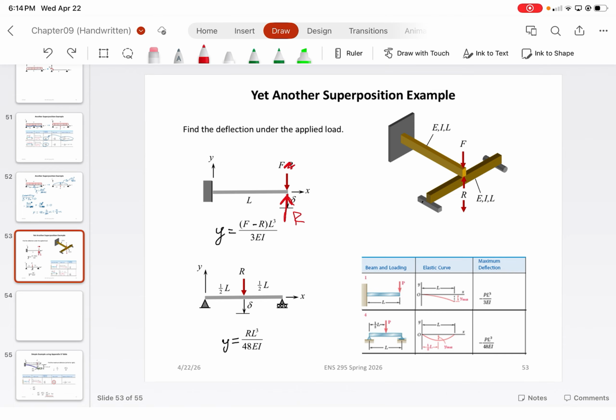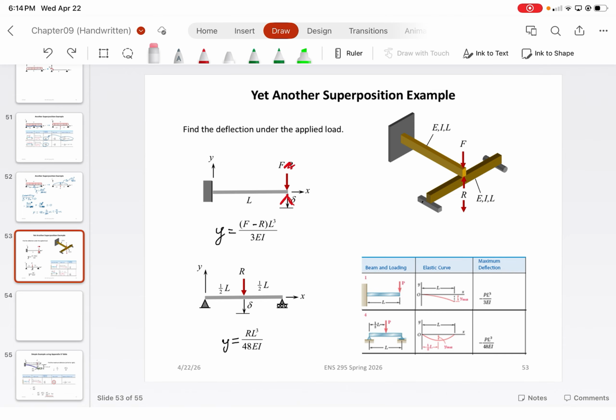Because of that, we need to account for that in the overall deflections, which is why we have that F minus R. Part of the load goes directly to the reaction force through the cantilever, and part of that force goes directly to the supports here. It's not as simple as a 50-50 split because the structures deform differently, so you need to account for how the deformation occurs.